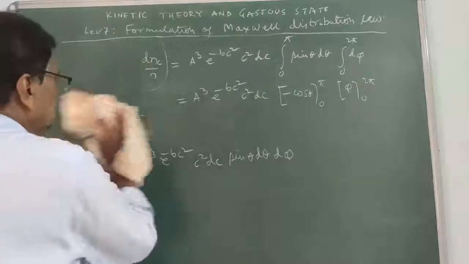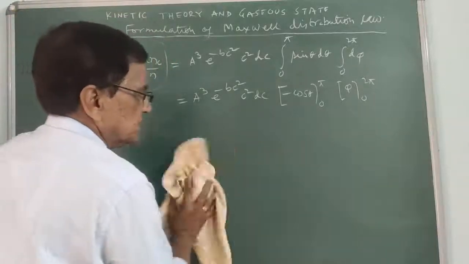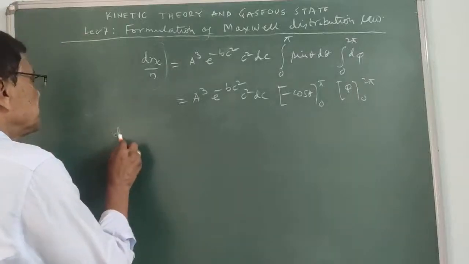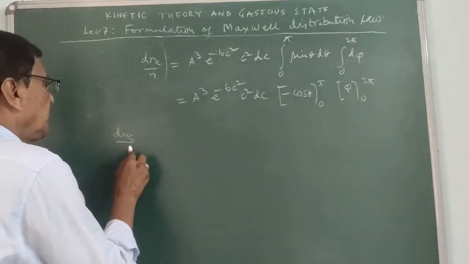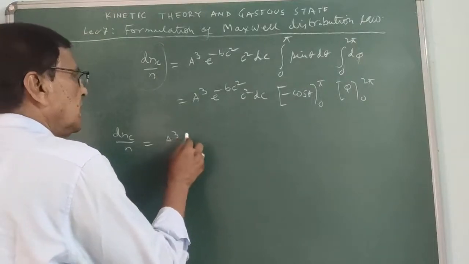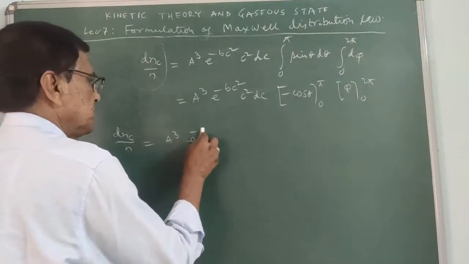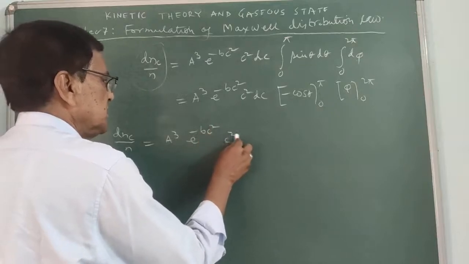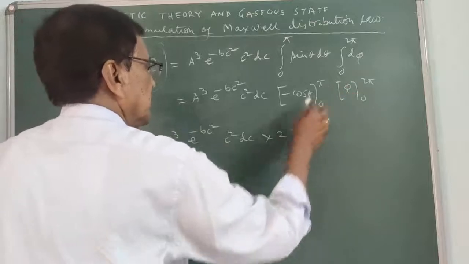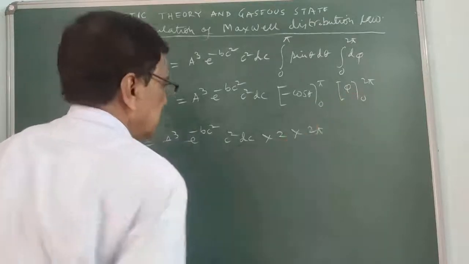If we integrate and put in these limits, then dn(c) by N is equal to A cube e to the power minus b c square c square dc, times 2, and this one is 2 pi.